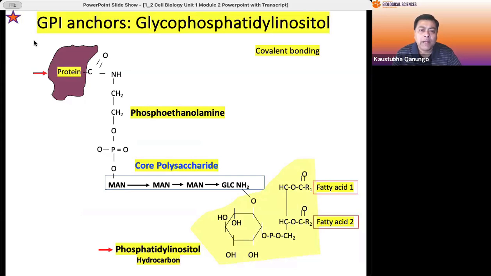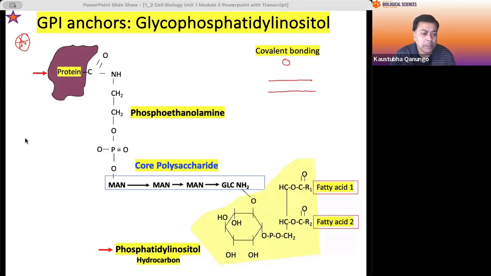So the next one is a GPI anchor. This is extra important. This is a question that is missed by a lot of people. So here, the structure of this whole thing is that if I just draw the membrane, you have a protein.